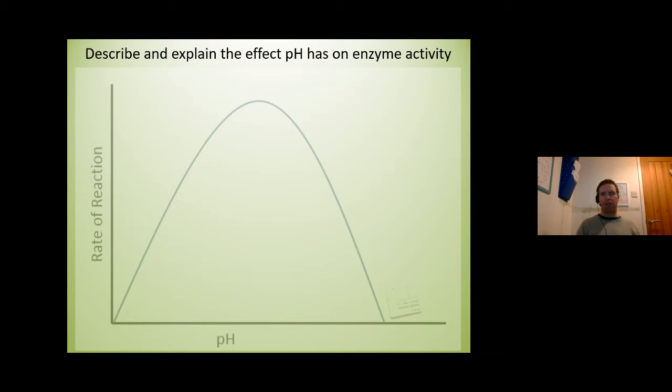I would say for every one question on pH, there's 8 to 10 questions on temperature. And it's probably a good thing because actually describing and explaining how pH affects enzyme activity is, I'm not sure I'd say it was more tricky, but I always say this, whenever you describe a graph, you'll start with whatever's on the bottom, the independent variable: as pH increases, the rate of reaction, and so on.